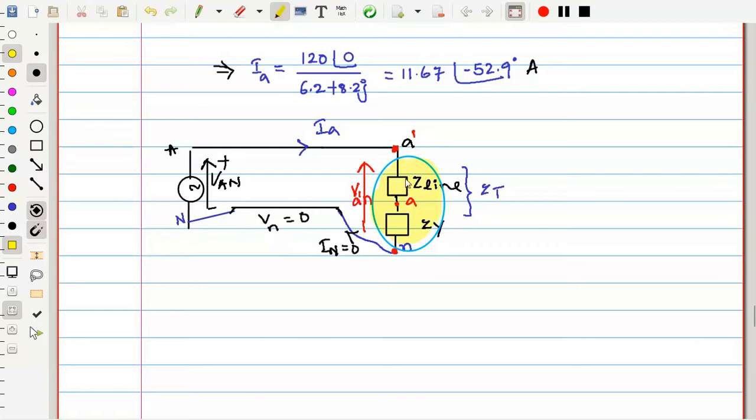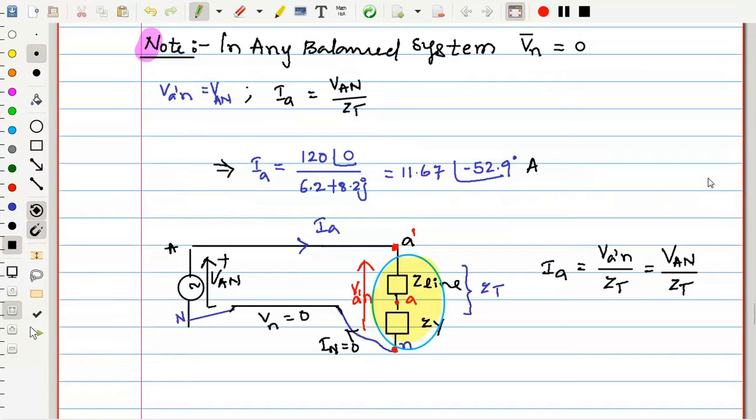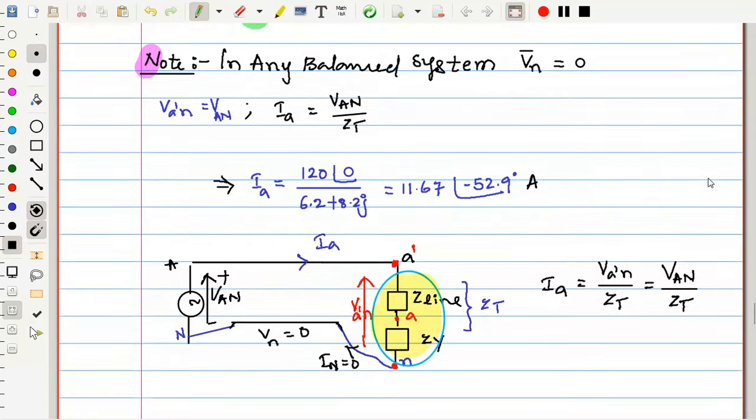Then what is this branch current? The voltage across the branch divided by impedance. How much is the impedance? ZT. That's what I had written. So this branch current IA is equal to the voltage across this branch, VA dash N, divided by ZT. VA dash N is equal to VAN, which we already know, divided by ZT. This is what I had written above. Is this clear now?